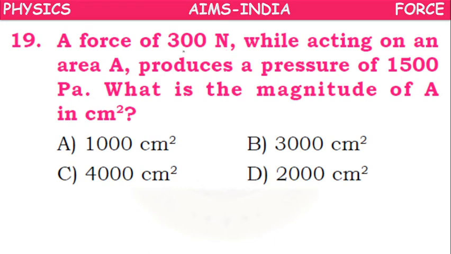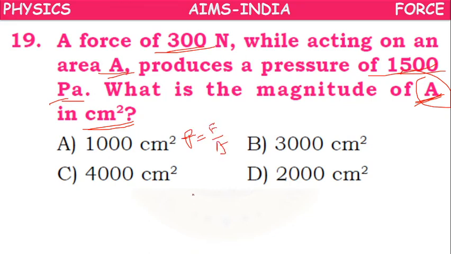Next. A force of 300 newtons acting on an area A produces a pressure of 1500 pascals. What is the magnitude of A in centimeter square? They are asking us to find area. We know that pressure equals force by area. So for area, P comes to the right hand side: force by pressure.